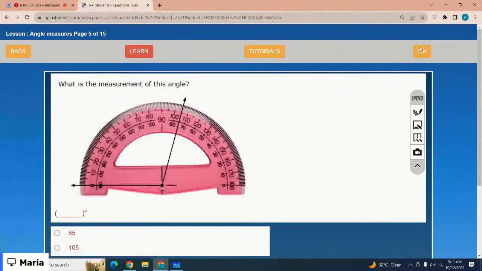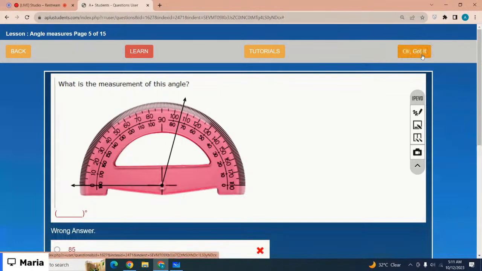What is the measurement? Yes, that would be 85 degrees.